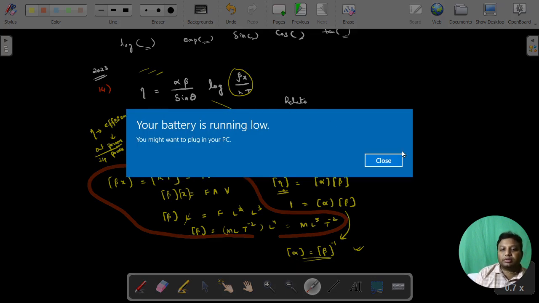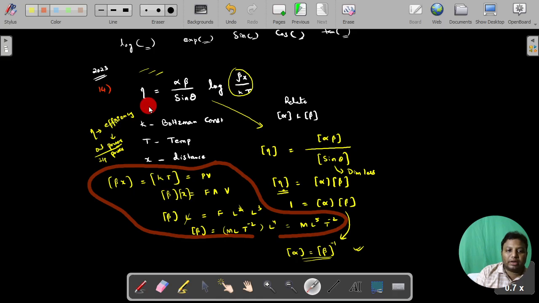See, eta is given like this. This is dimensionless. We are considering only this part here. So we did like this and we got the answer. This is the fourth option given in the problem. This part is not needed. If you are asked to calculate the dimensional formula of beta, this is how we have to do.